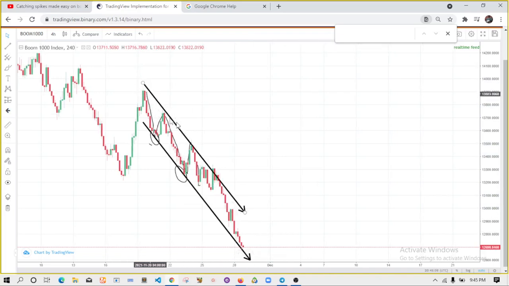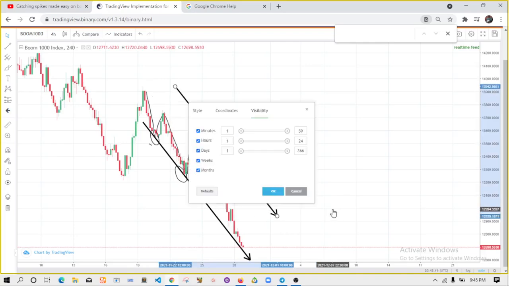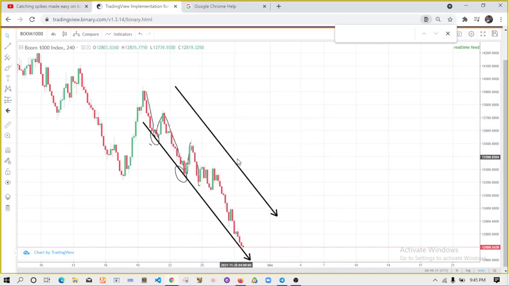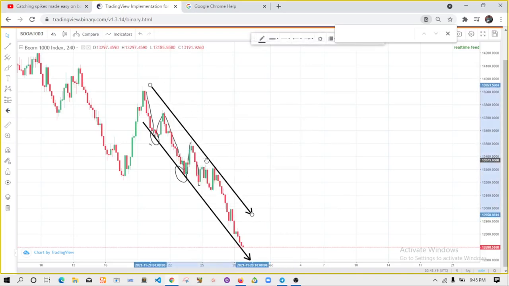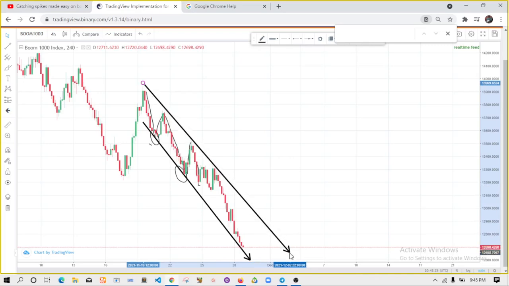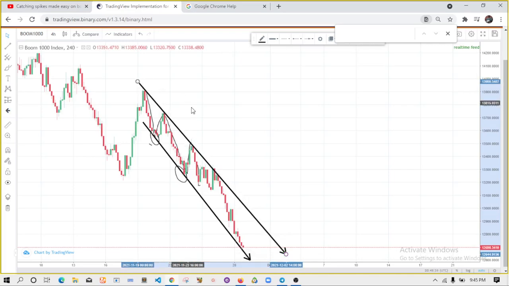I have my swing points at this point here, this point here, and this point here. Once you're able to draw this, you extend the line, because this line is a point where you should be paying attention. Once the price gets to that line, you expect a reaction. The price needs to react to the line for you to know what to do next.